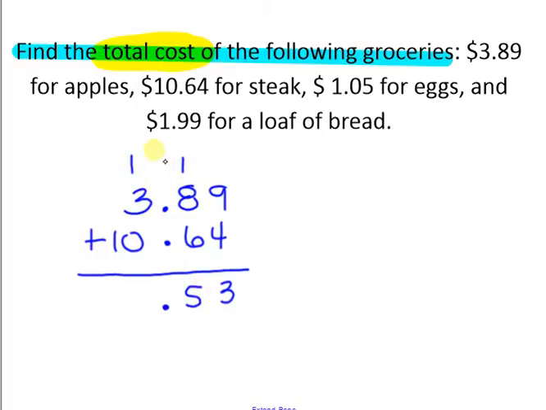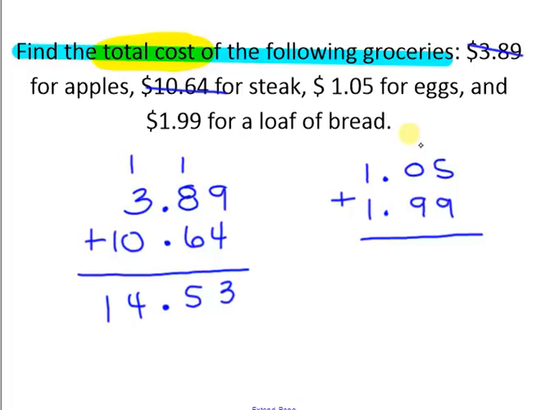Bring down my decimal. 1 plus 3 is 4, and then 1. All right, so I took care of that and that. Now I have 1.05 for eggs and 1.99 for a loaf of bread. 5 plus 9 is 14. 1 plus 9 is 10. Bring down the decimal. 1 plus 1 plus 1 is 3.